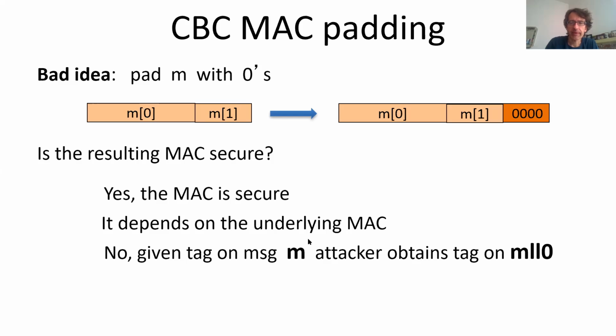Because if you are given a tag on message M, it's really a PRF applied to M extended with a bunch of zeros. So the PRF on M extended with just one 0 is the same, because this message also doesn't end at the block boundary.